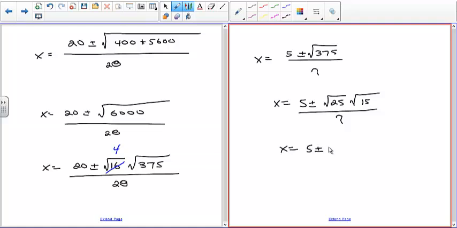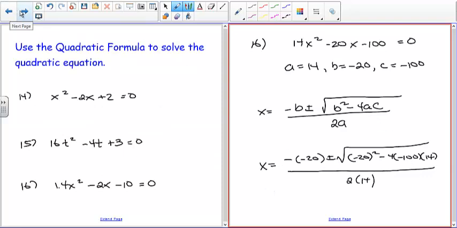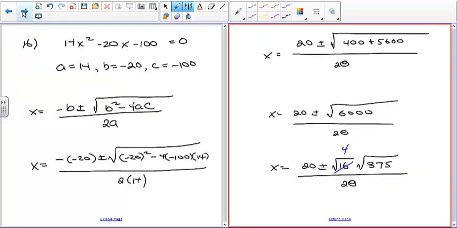That's why I chose 25. So we get 5 plus or minus 5 times the square root of 15 over 7. So my two zeros are going to be, that's what they're asking, weren't they? Use the quadratic to solve. Okay, so the solving is doing the zeros.